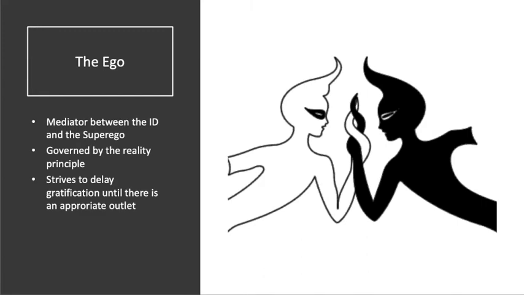It wants to bring the id the pleasures that it so strives for, and also do so in a socially and a morally appropriate way. So it helps the id delay some of its gratifications, if you will, for times when it's more appropriate, more socially sanctioned, if you will.